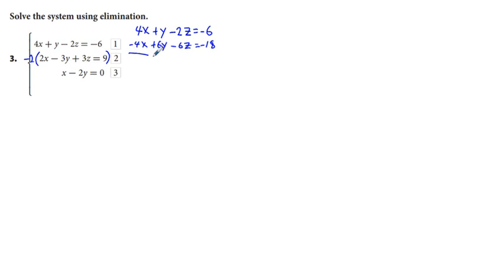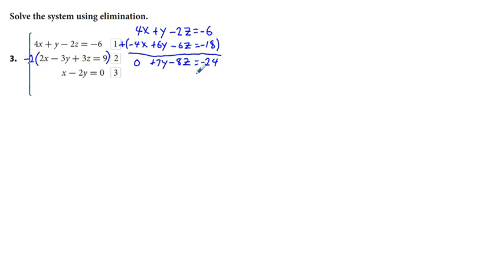And we've arranged it so when we add the second equation to the first, 4x minus 4x becomes 0. y plus 6y is going to be plus 7y. And then negative 2z plus negative 6z is going to be minus 8z. And we get negative 6 plus negative 18 is going to be negative 24.